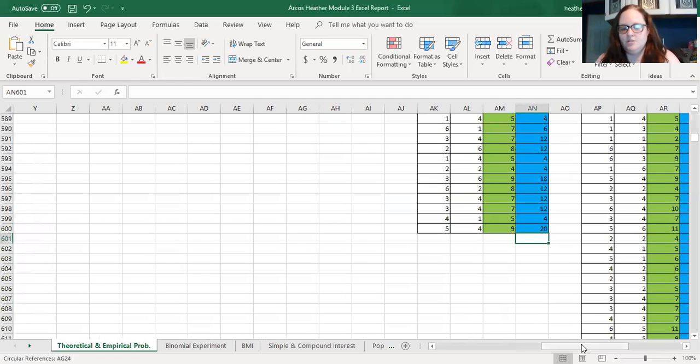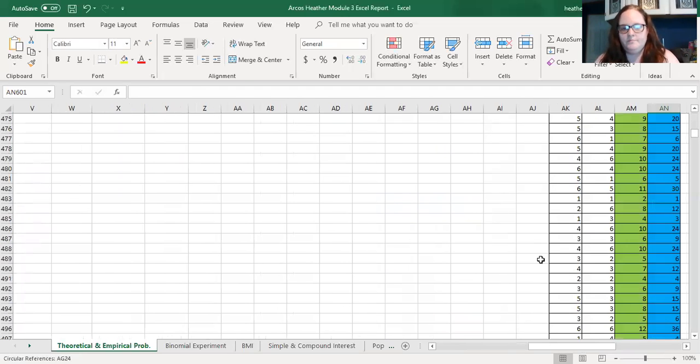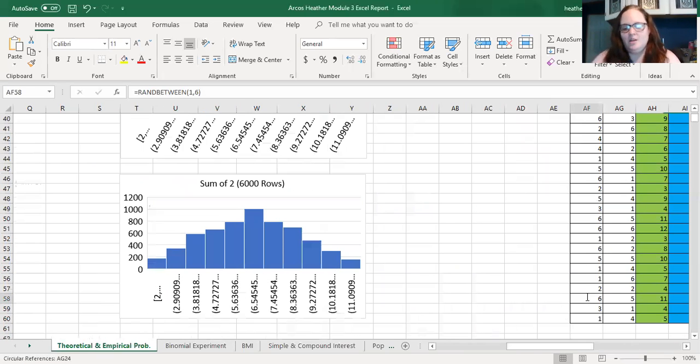See, it'll change. We did the random. So every time we click and change it, our information changes.